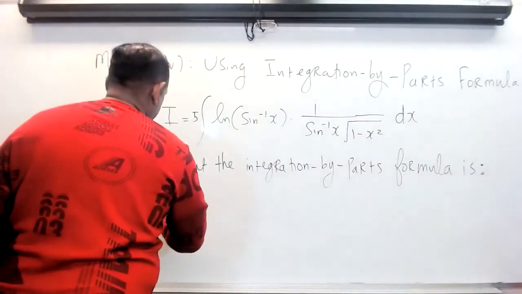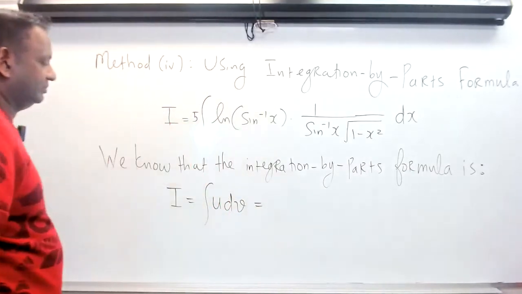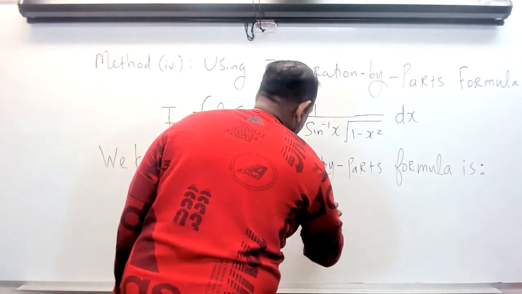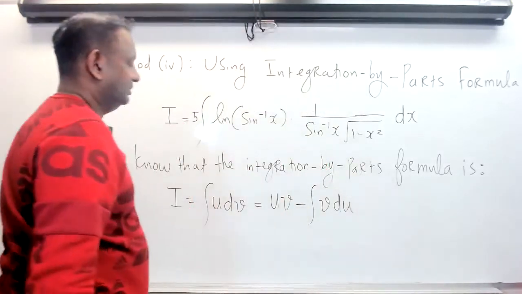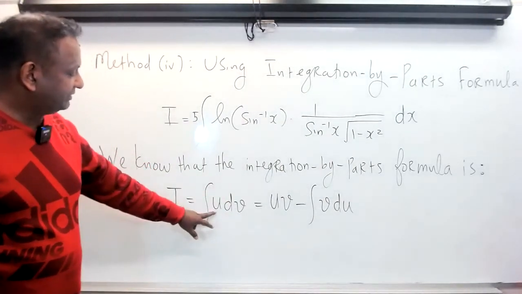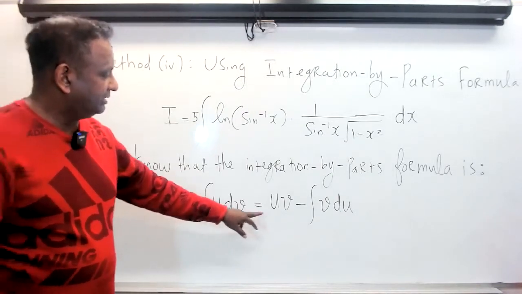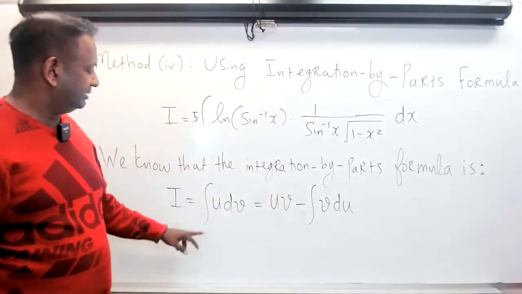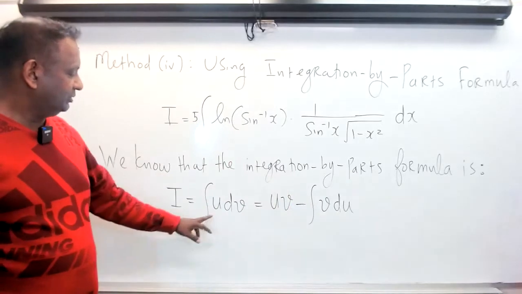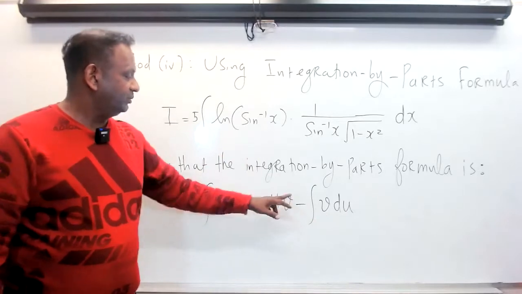If you have an I in this format, u and dv format, you can say uv minus integral v du. Then you have to figure out which one's going to be u and which one's going to be dv. For u, you need the operator: you take the derivative to get du, u to du. From dv to v, you integrate.